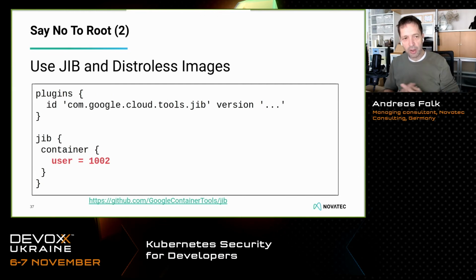It gets easier if you use what is called the Jib plugin, which is provided by Google, and distroless images by Google. Here you have two advantages, not only security-wise. One advantage is that you get much smaller container images when you use that approach with distroless images, because distroless images just put inside a container what is really needed to execute your application.